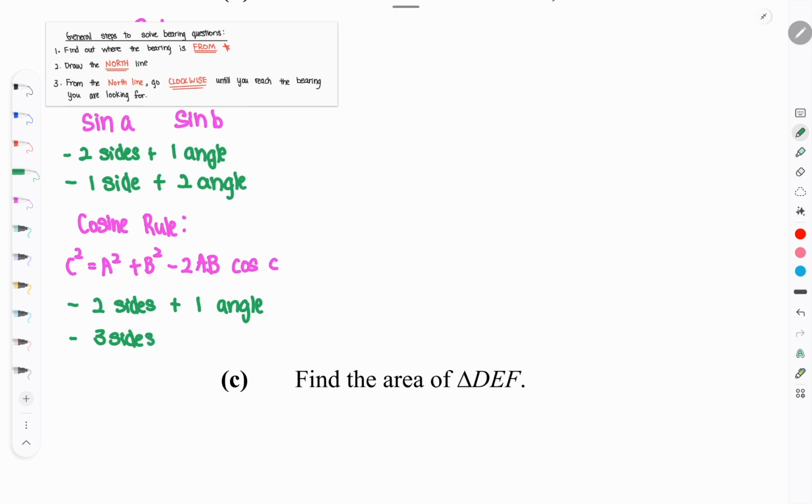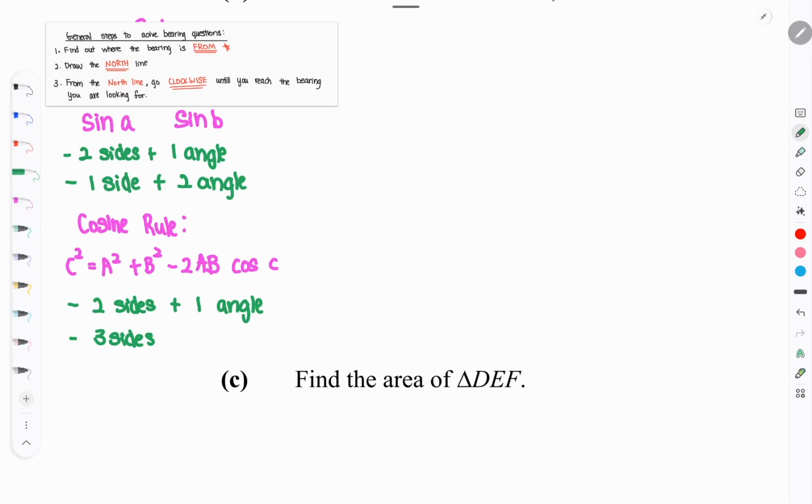So what do I mean? Let's look at cosine rule. Let's say I have three sides. So I have c, I have a, I have b. Only when I have these three, then I can find my angle C.